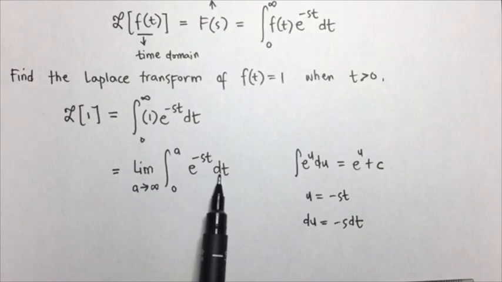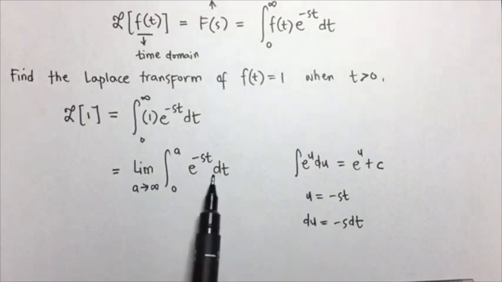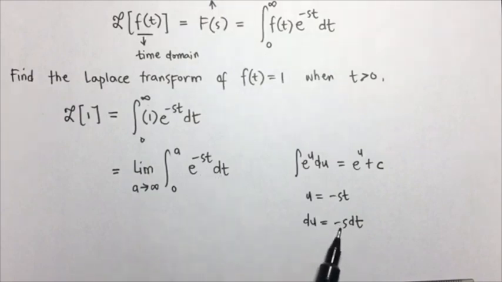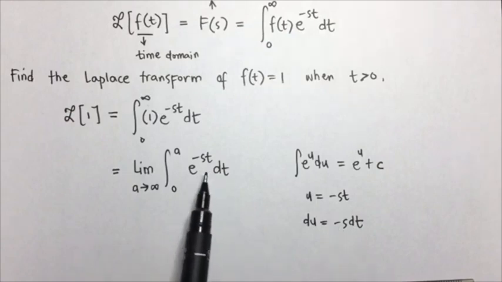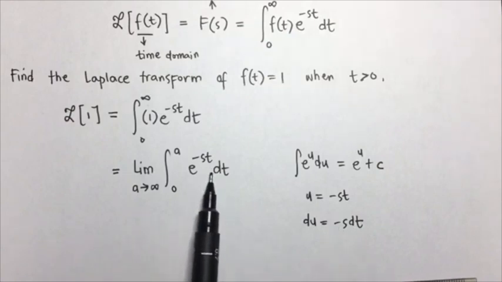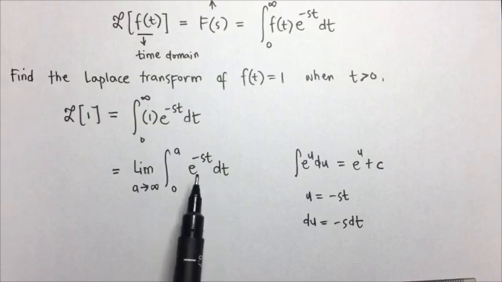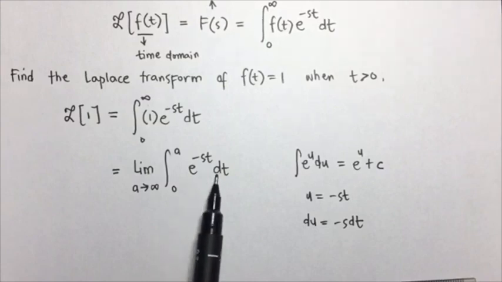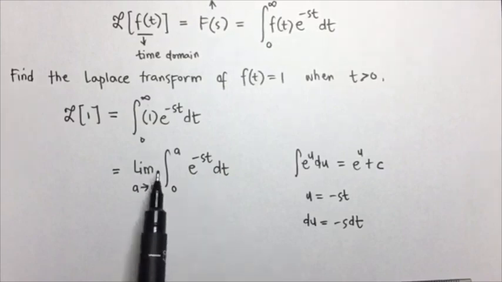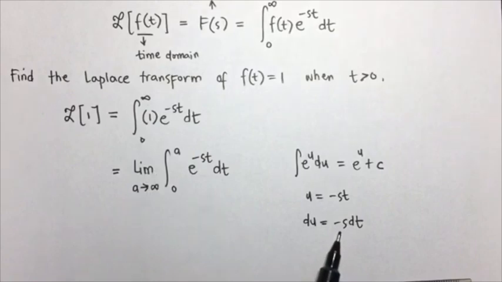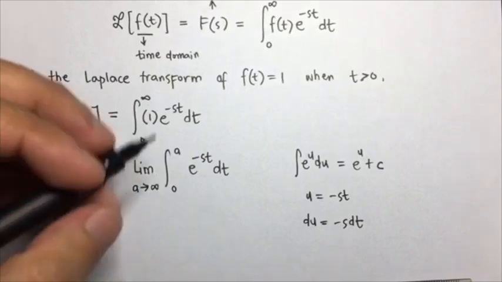The differential part should be negative s dt, but we have a missing factor of negative s. Therefore, we must write negative s in the differential part, and then, since we write negative s in the integrand, outside the integral sign we must write the reciprocal of negative s, which is negative 1 over s.